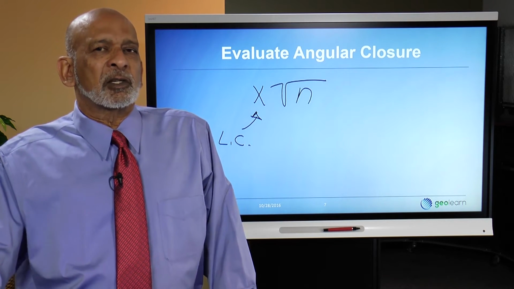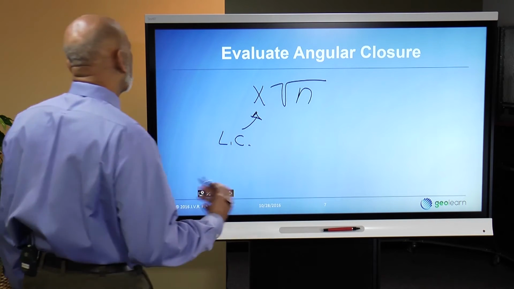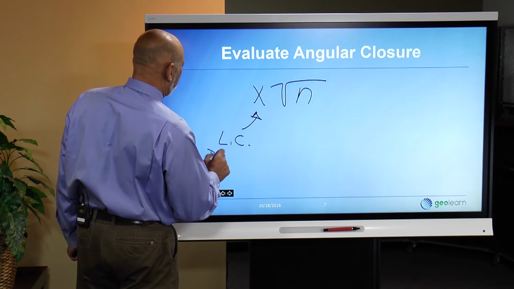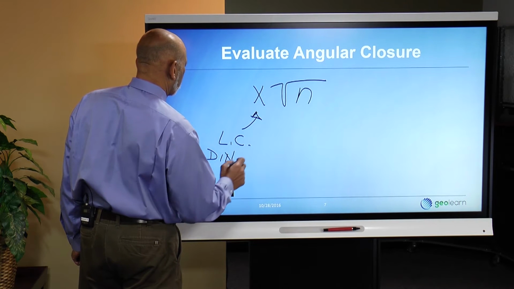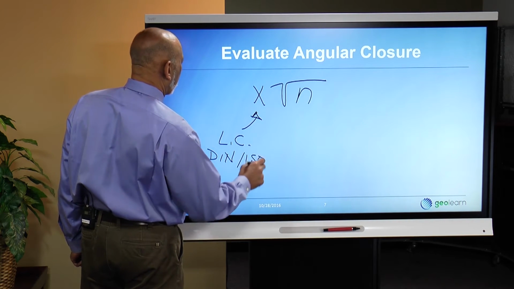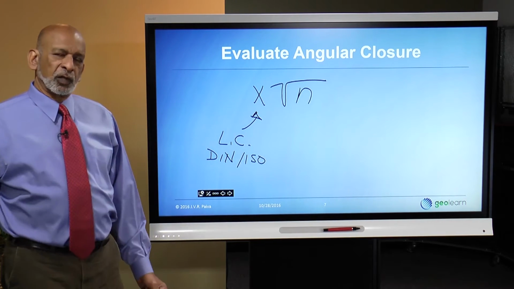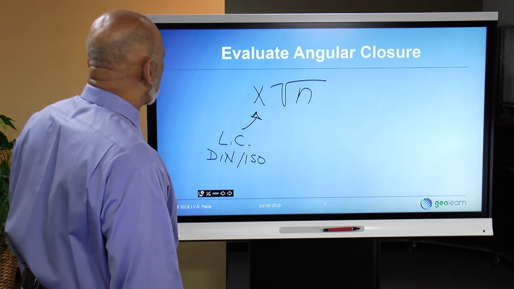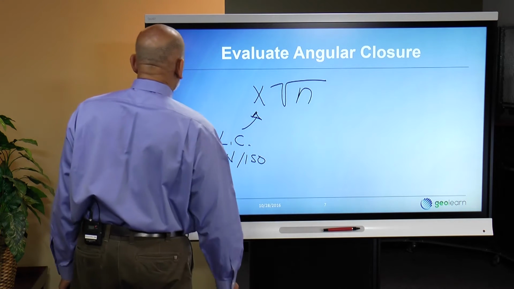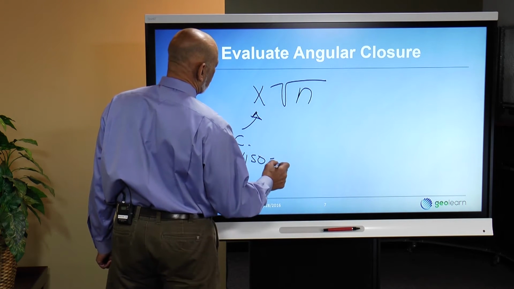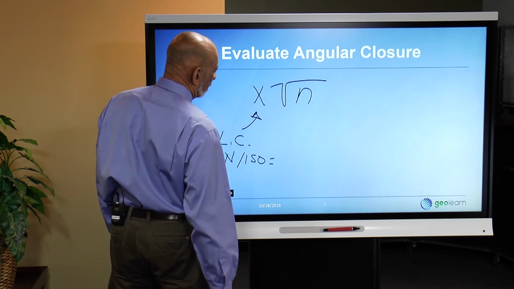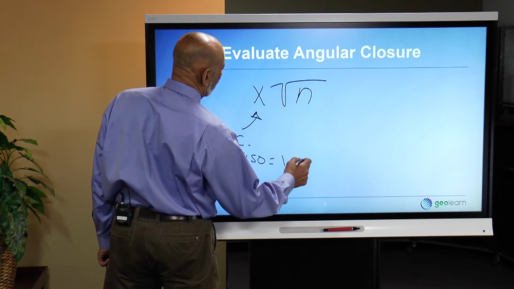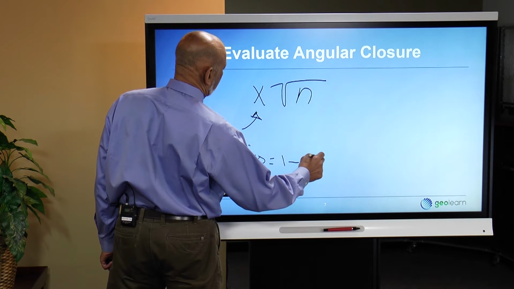Once the electronic instruments came out, they became a little bit different in how you evaluate. So there's a value called the DIN, or sometimes it's called the ISO accuracy value. If you look at the spec sheets, you will see this. For most instruments out there in practice today, you actually have to look at the spec sheet for the instrument to figure it out, but they're somewhere in the 1 second to 10 second range.